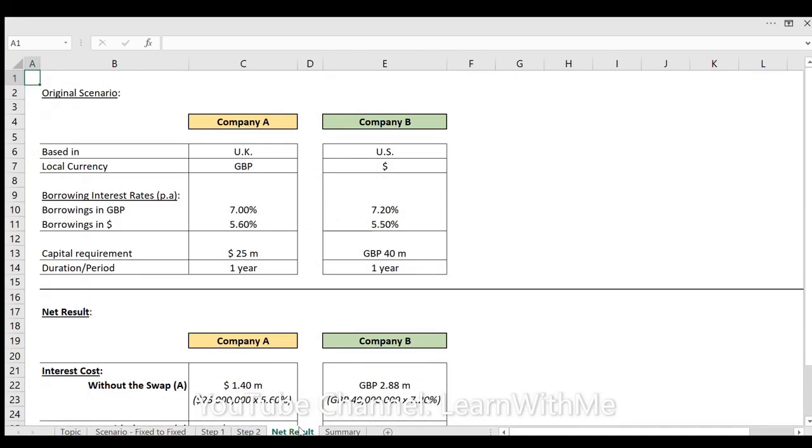Company A would incur an interest cost expense of $25 million into 5.60%, which is 1.40 million, while company B would incur an interest cost expense of 40 million pounds multiplied by 7.20%.